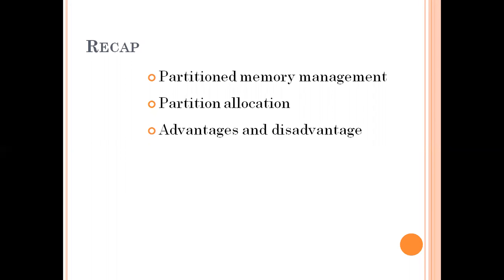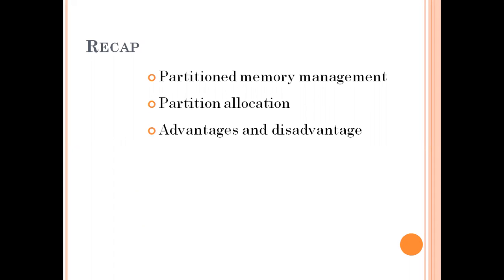The problem with first fit is that the partition allocated to a particular job may not be the best partition. It may not result in the best utilization of memory. Sometimes you allocate a partition to a job, and the job may not utilize all the space in that partition, so most of the time memory is wasted in first fit.